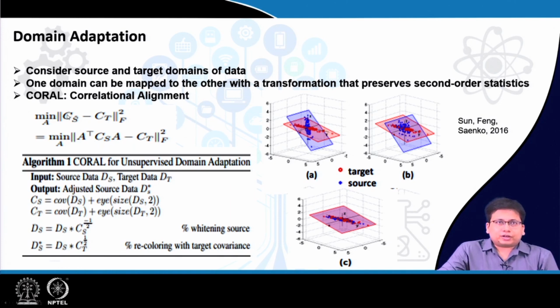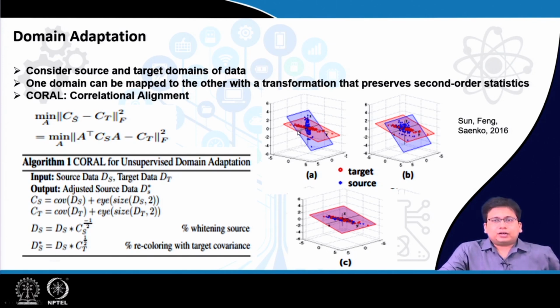That kind of transformation is achieved by pre-multiplying and post-multiplying by the same matrix A. What this is expected to achieve is that the source data points, which are currently in this blue plane, are projected onto this red plane of the target, so that every source point will have a corresponding transformed point in the target domain.